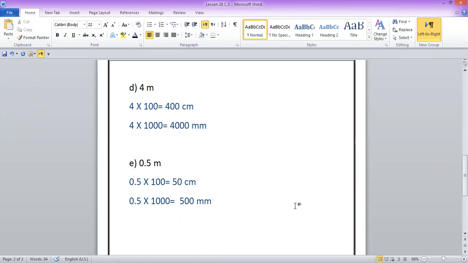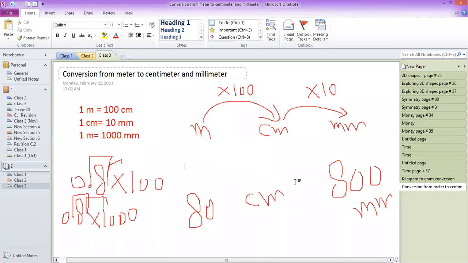You were just multiplying. But now I'm going to tell you if the value is given in centimeter and millimeter, how you can convert into the meter. Okay. Let's move to the new screen. I'm going to erase it first.